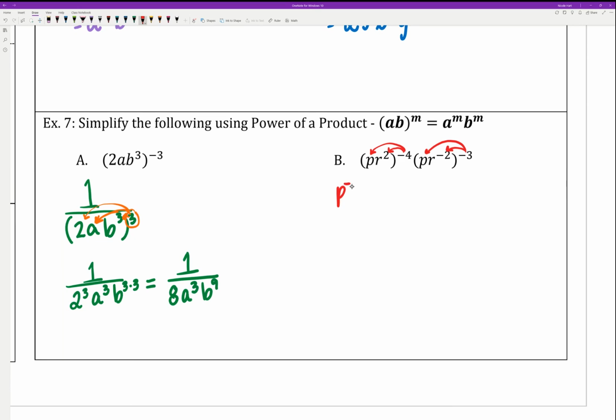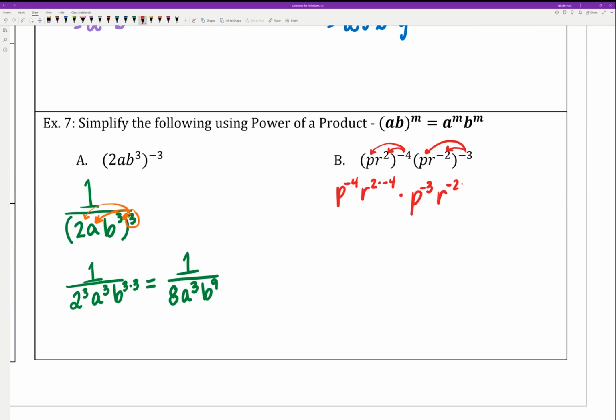So we have p to the -4 and r to the power of 2 times -4, times p to the power of -3 as we distribute that -3 to the p, and that -3 is also going to go to r to the power of -2.